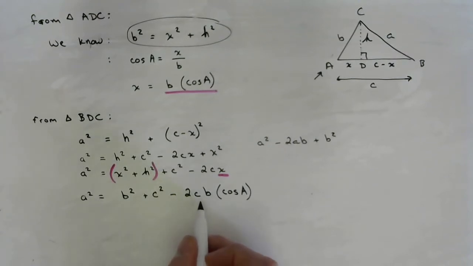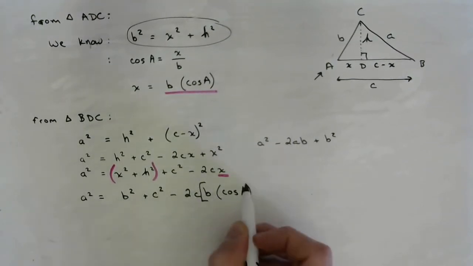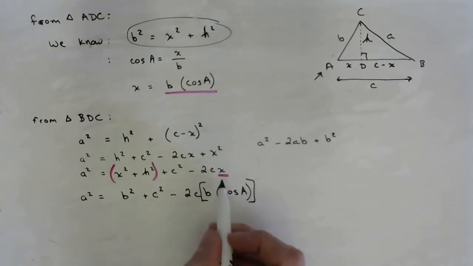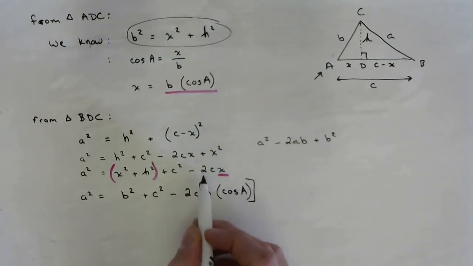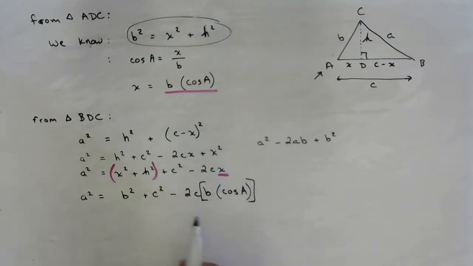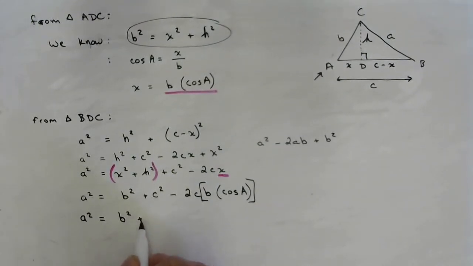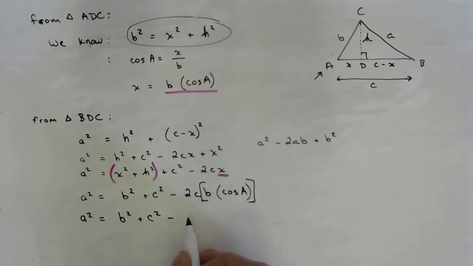I'm going to rearrange this, and maybe in this step I'll just leave it like that. That's kind of what it looks like, right? We put x in to cx. Well, this is x. I'm going to rearrange this right-hand side. It's going to be b squared plus c squared minus 2. And because this is multiplication, I can order these however I want.